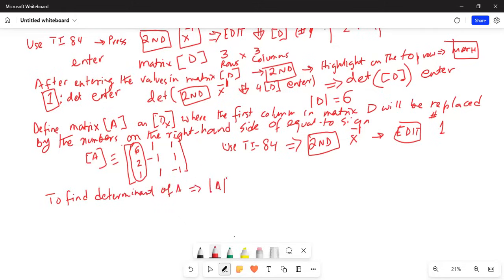So what do I do? We press the second button, matrix.